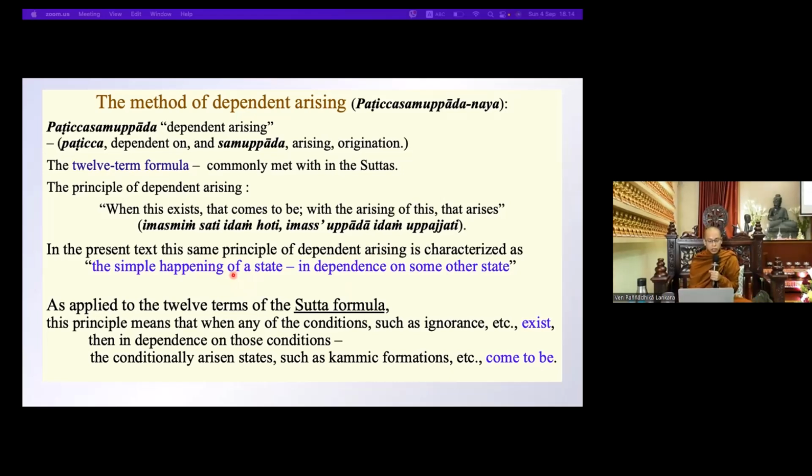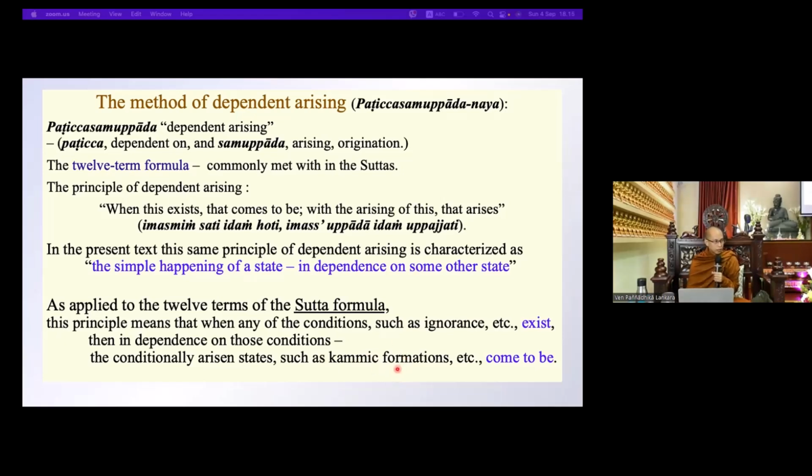So in the Paticcasamuppada, only one state based upon another one state is mentioned. When ignorance exists, it gives rise to sankhara, the karmic formation.